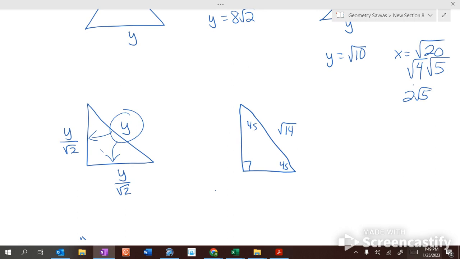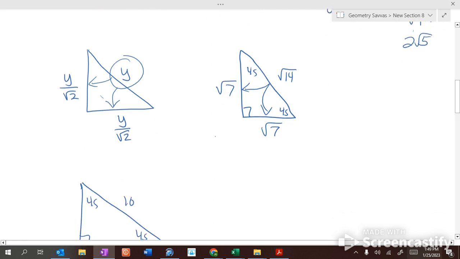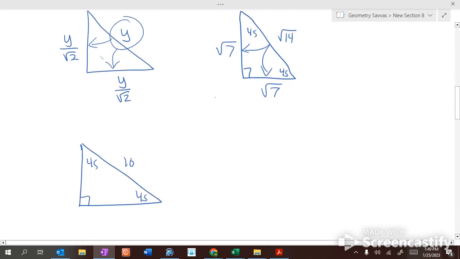So if we're at the square root of 14, to get to the side, we divide by what? Square root of 2. What's the square root of 14 divided by the square root of 2? Square root of 7. Yes, it is. Yeah, it was a great guess.